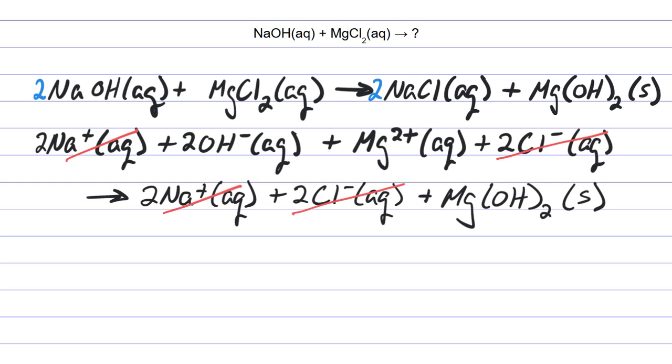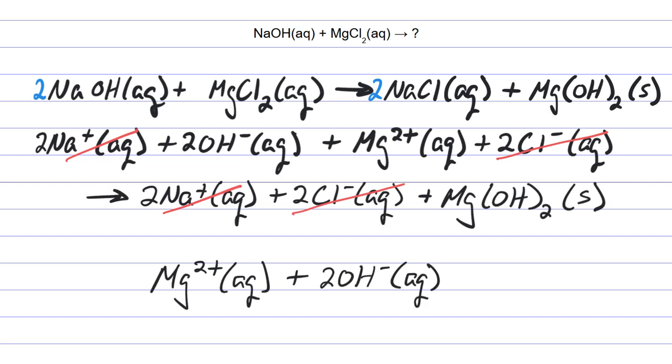I'm going to take magnesium, and I'm putting the positive ion first just to be neat, because that's the way I know it's going to combine. And then I'm going to combine that with 2 aqueous hydroxide ions to form magnesium hydroxide solid. And that is my net ionic equation.